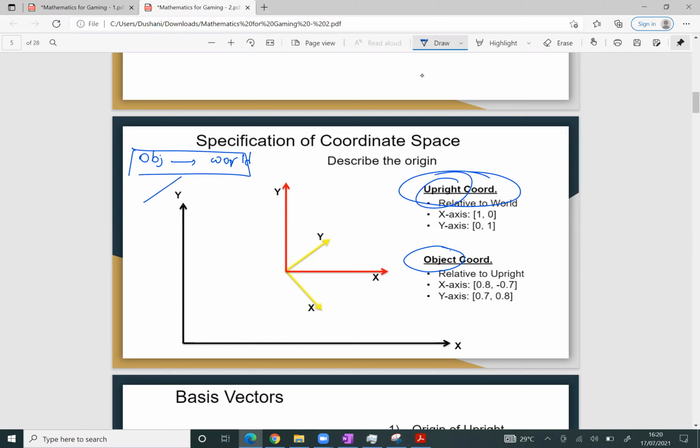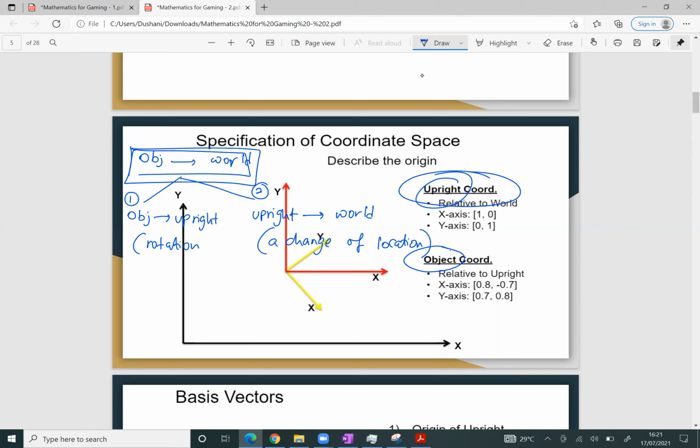The first part is you convert the object space into upright space, and here what you do is a rotation. The second is that you convert what is in upright space into world space, which is simply a change of location. So this problem can be divided into two sub-problems since you have the upright space.